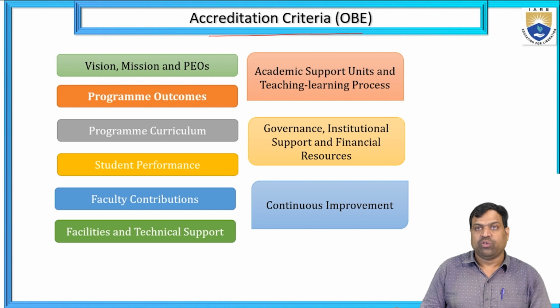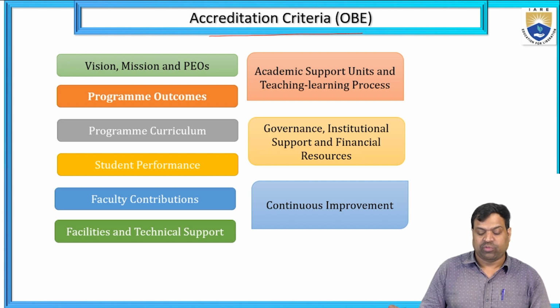First one, when I'm going for a course, UG or PG courses, anything, what is the vision, mission, and PEOs? Suppose I'm selecting a college, any institution. What is the vision and mission of the institution? And if I'm selecting an engineering course, what is the vision and mission of that course? What are the PEOs of that course? What are the program outcomes?